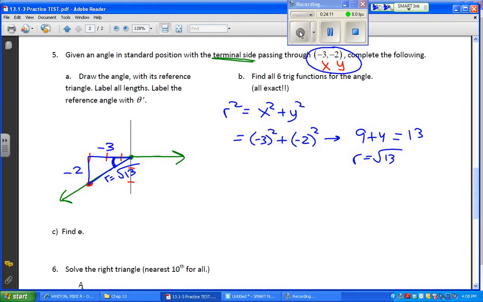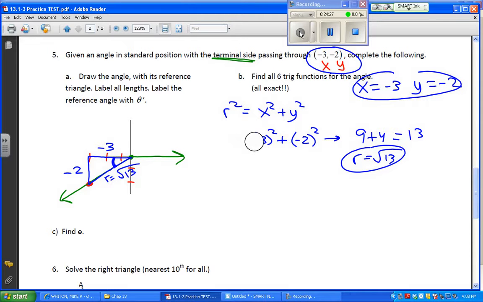We know the square root of 13 is somewhere between 3 and 4. That's fine. Let's leave it exact. So now we know x, we know y, and we know r. So we can go ahead and write all of these trig ratios, or you can just think of it as a triangle now where you know all the sides.